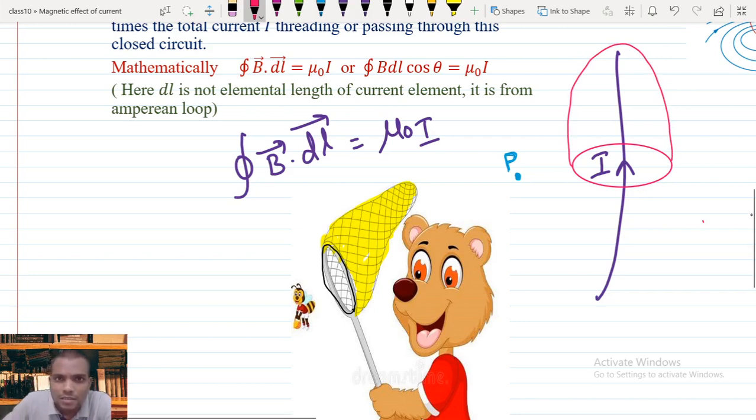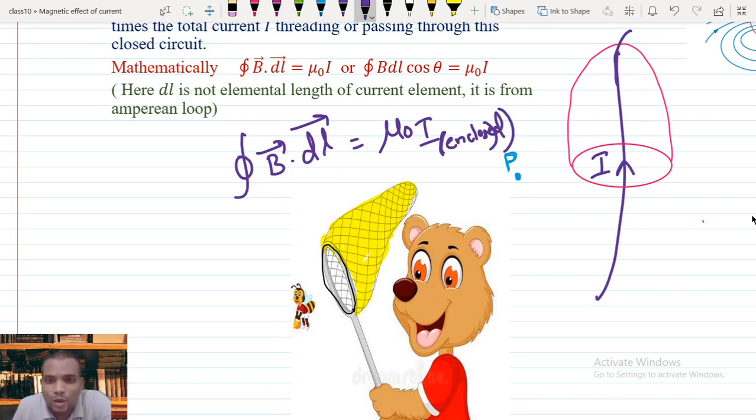What happens in this case? My current carrying element is punching through the Ampere loop. That should be done. So here you should mention the current enclosed: the current enclosed by the loop.